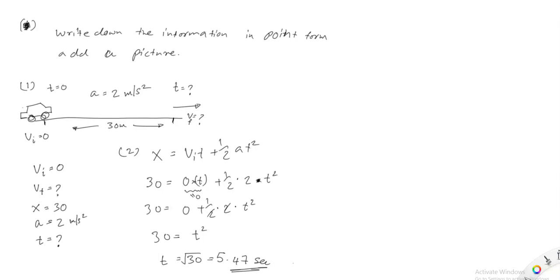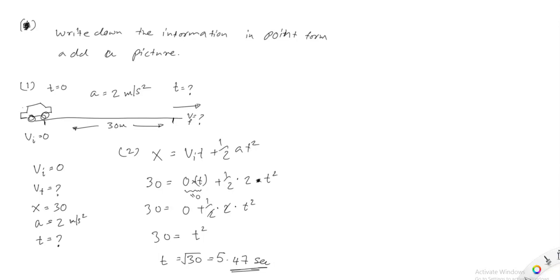We are not hitting that much accuracy in these calculations. This is about a vehicle moving across the intersection, so an answer to 2 decimal points is more than enough. So we found the time, 5.47 seconds.